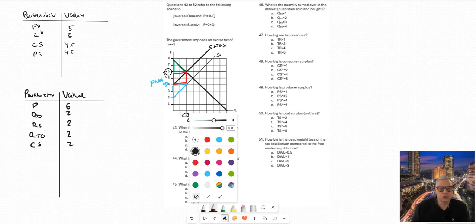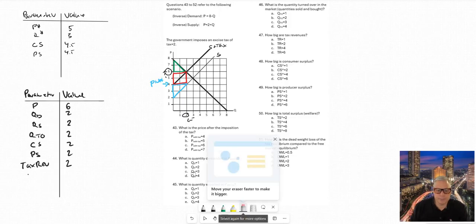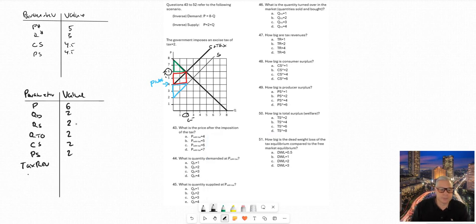Okay, so consumer surplus is 2, producer surplus is 2, and tax revenue is 2 times 2, which is 4.